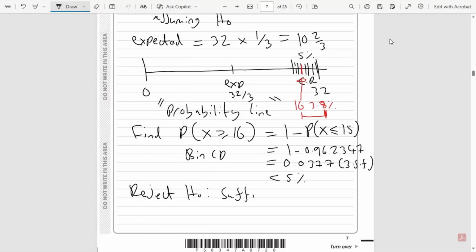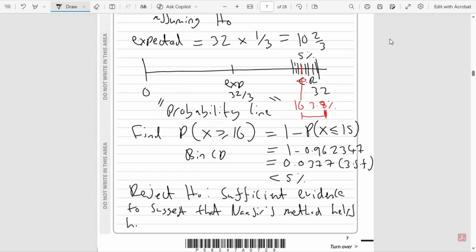There is sufficient evidence to suggest that NASA's method helps him win more than 1/3 of the games.